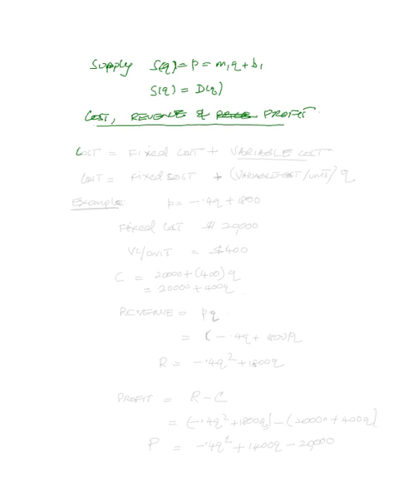Now the cost function has 2 components. One is called the fixed cost, the other one is called the variable cost.